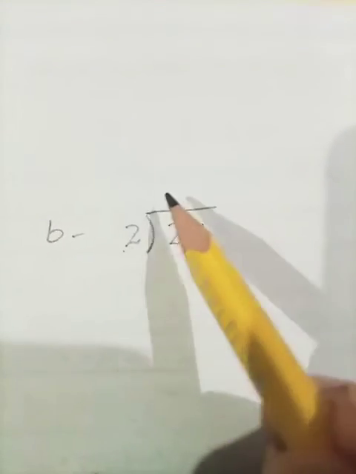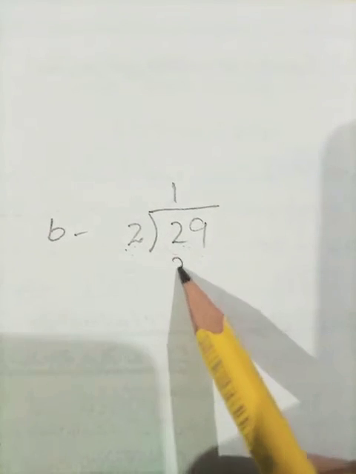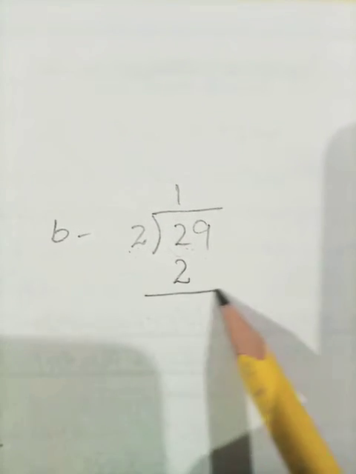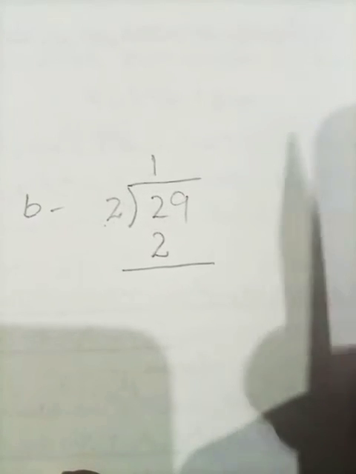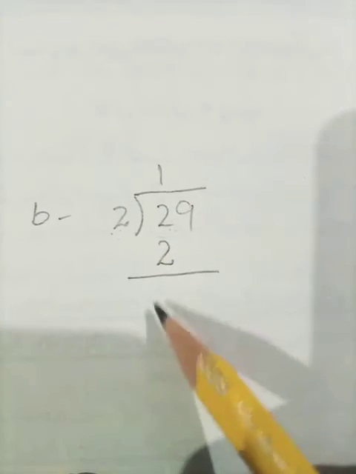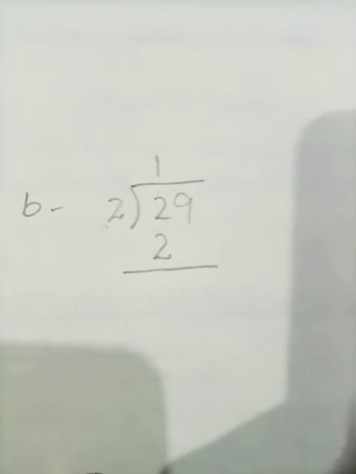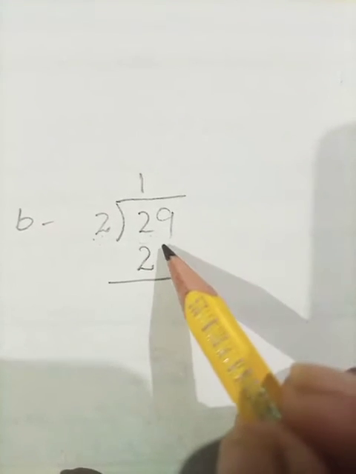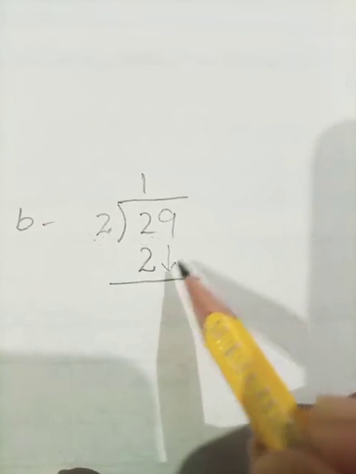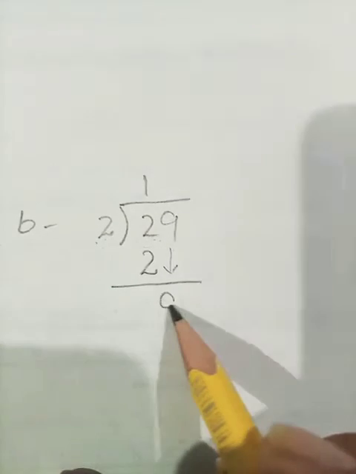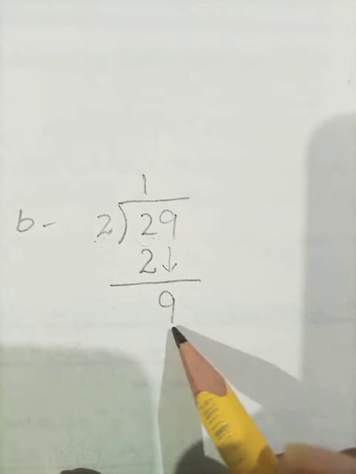Let's divide it. 2 1s are 2. Next step is subtraction. After subtraction, when we subtracted these two numbers, our answer is 0. So we will take the second digit down here. So here our digit is 9.